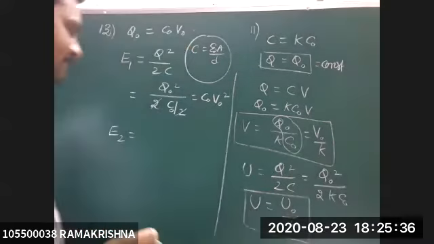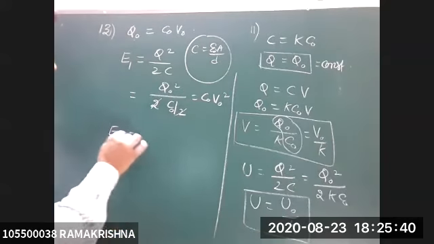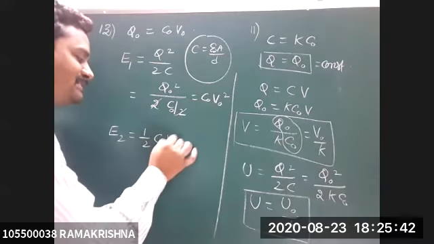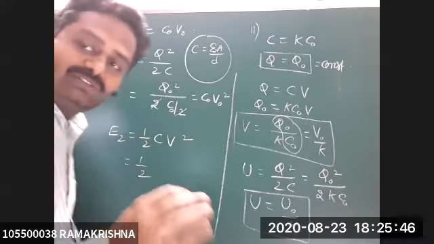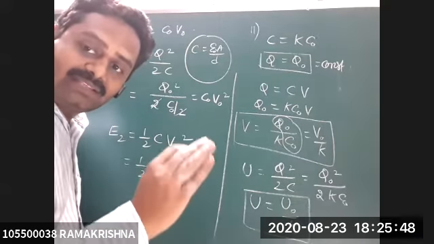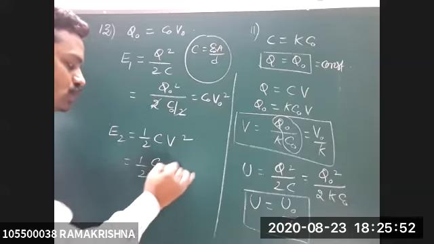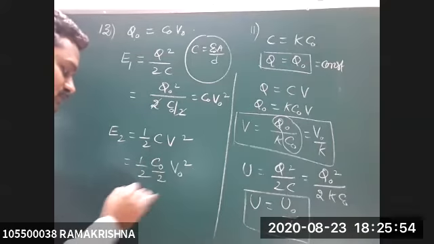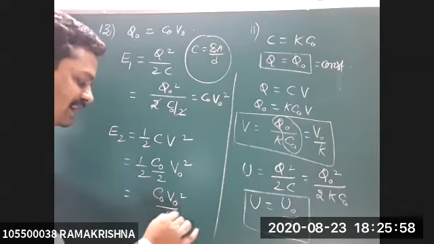So I can express the energy in terms of capacitance and potential as half CV square. Now the separation between the plates is doubled. That means the capacitance of the given condenser is halved. So it is C naught by 2, but potential is constant. So it is equal to C naught V naught square divided by 4.